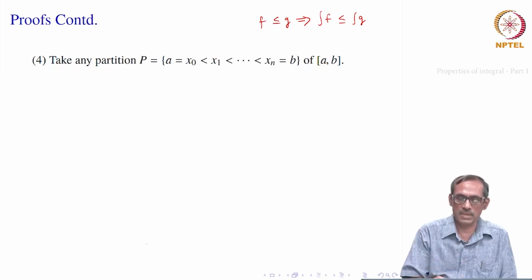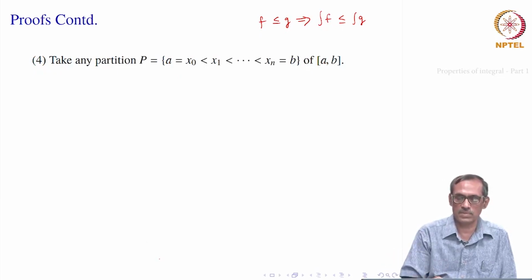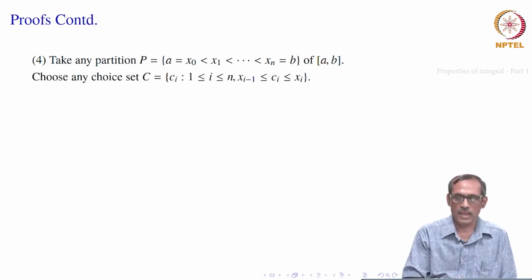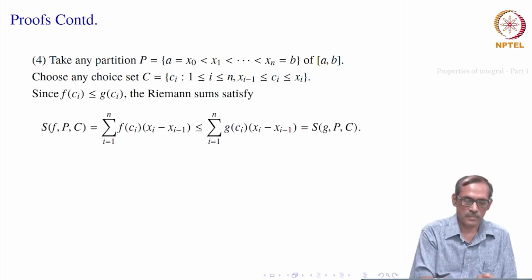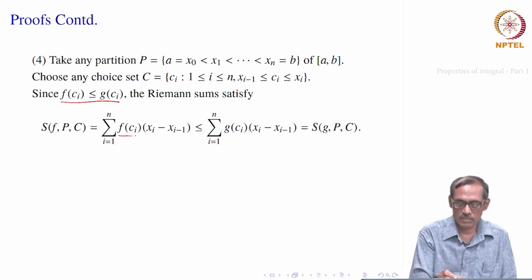We will see it from the definition directly, because you take any partition for computing the integrals of f and g. Suppose you take a partition of the closed interval [a, b] and take any choice set, that is c_i should be in between the consecutive points x_{i-1} and x_i. Then since f of c_i is less than or equal to g of c_i, we get f of c_i times this, g of c_i times this, and their sum is also less than or equal.